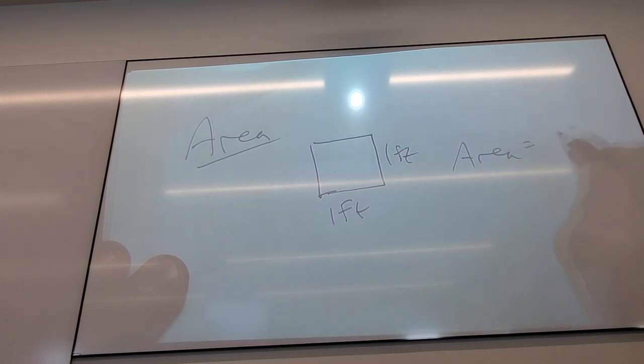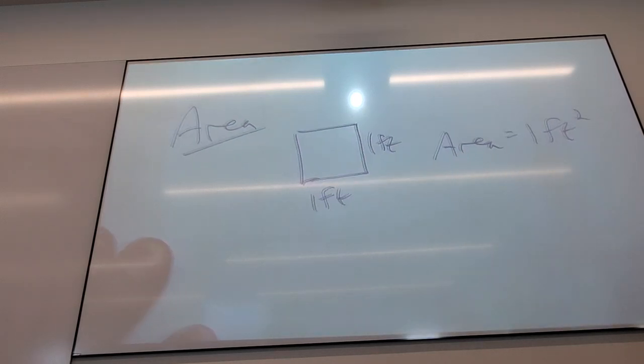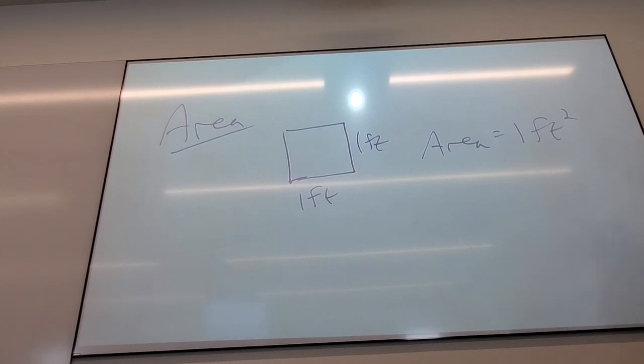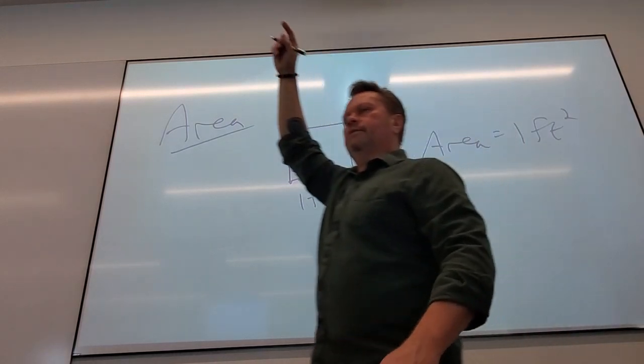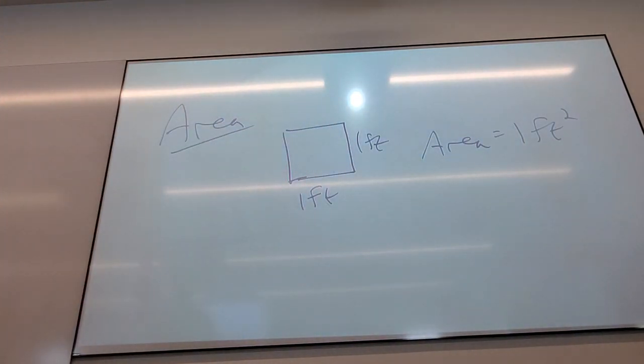So this guy's area would be 1 square foot, literally because the area of a square is just length times width, any rectangle. Foot times foot is foot squared. Okay. Can somebody figure out how many square inches there would be in that square, in that region?